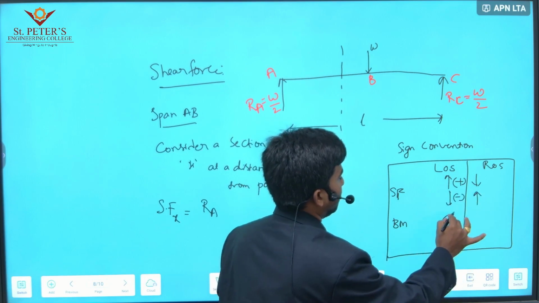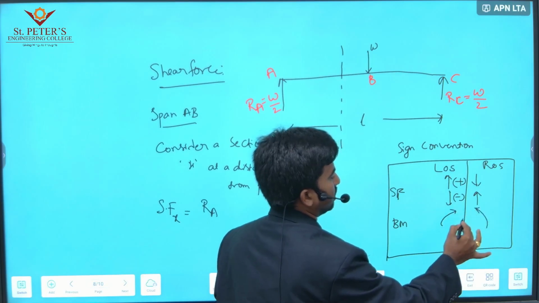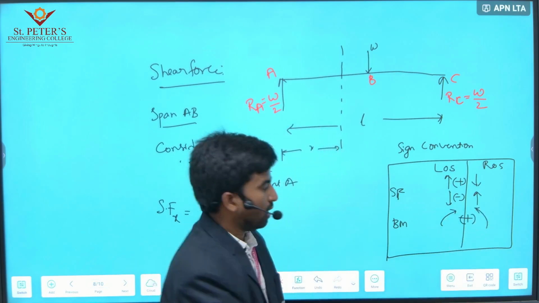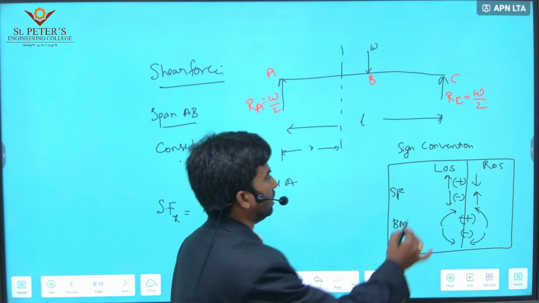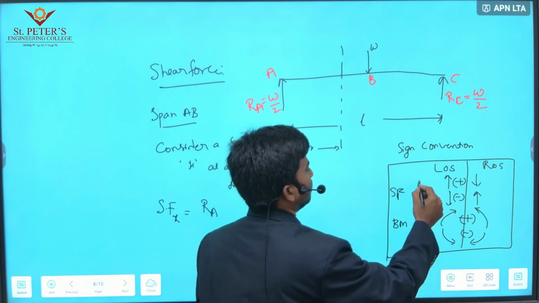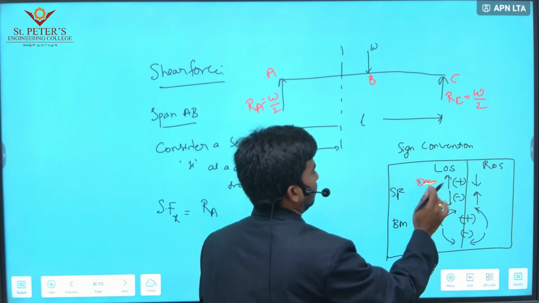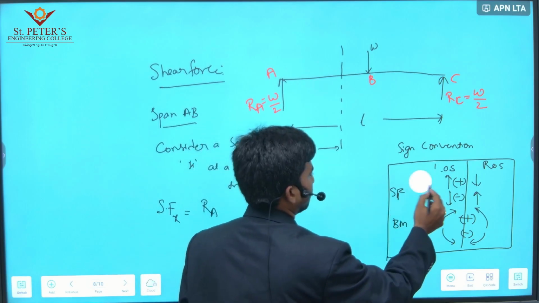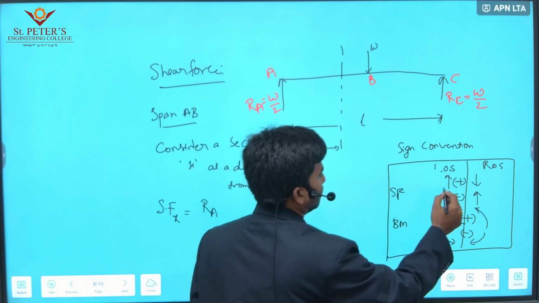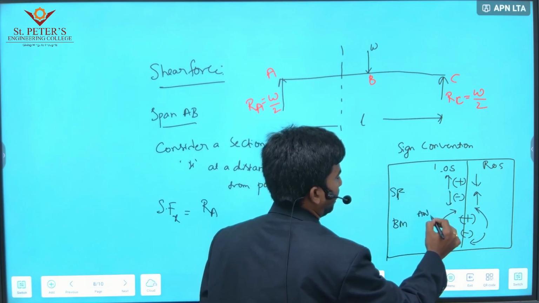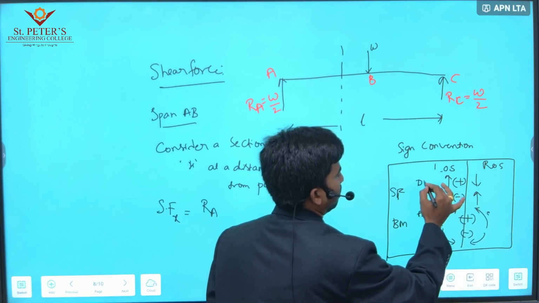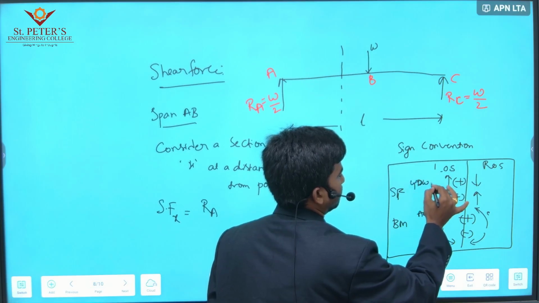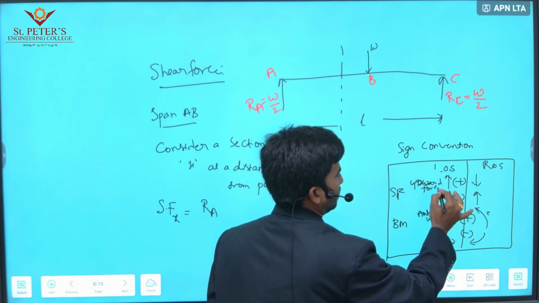For bending moment, clockwise and anti-clockwise are as shown: this is upward force, this is downward force.